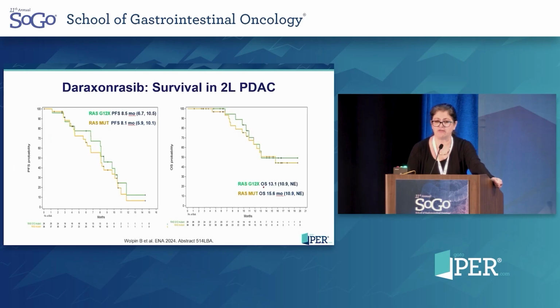Survival, to the left, we have progression-free survival curves of about 8 months median, and overall survival of about 14, 15 months in second line for pancreatic cancer. And this is far better data compared with frontline pancreatic cancer regimens with chemotherapy with NALIRIFOX, FOLFIRINOX, and gemcitabine-nab-paclitaxel.